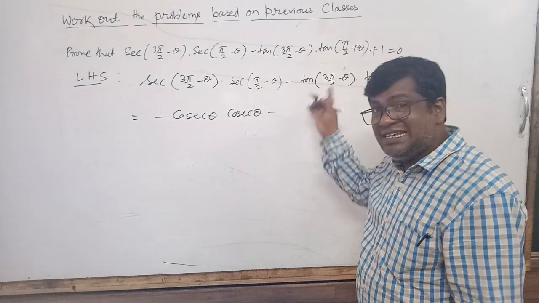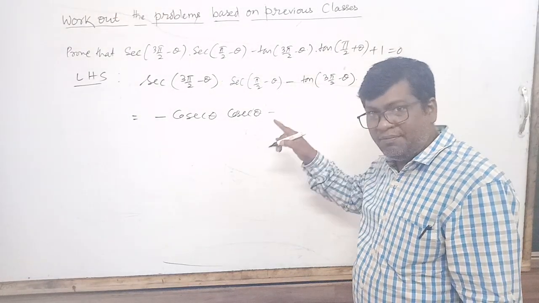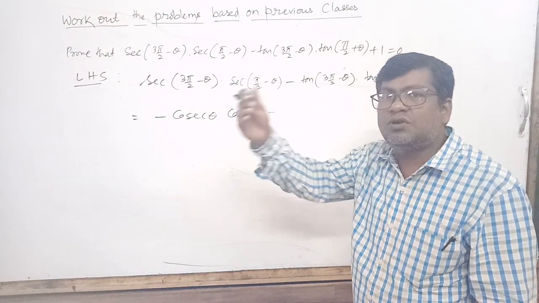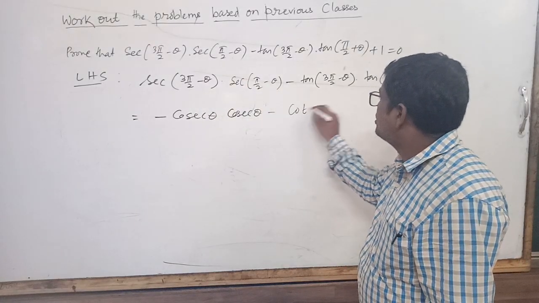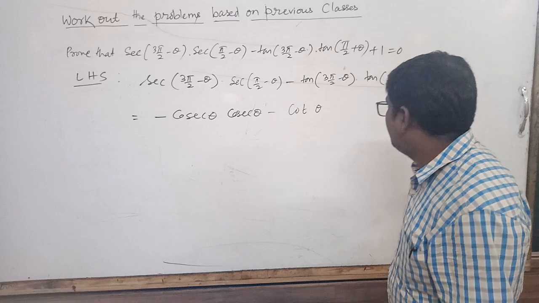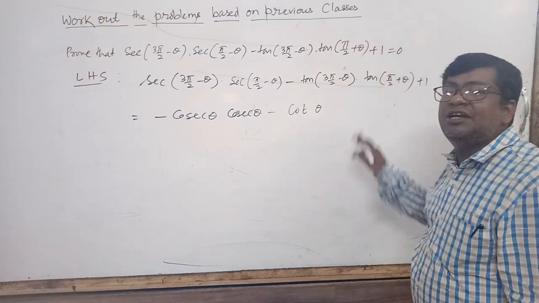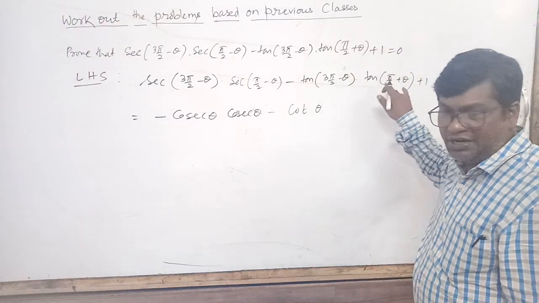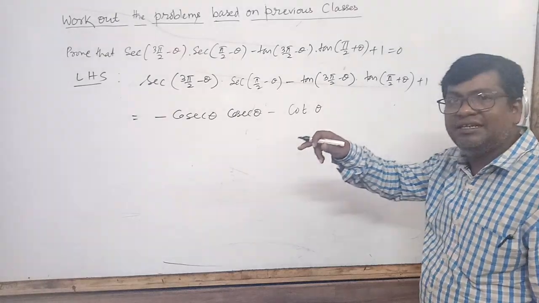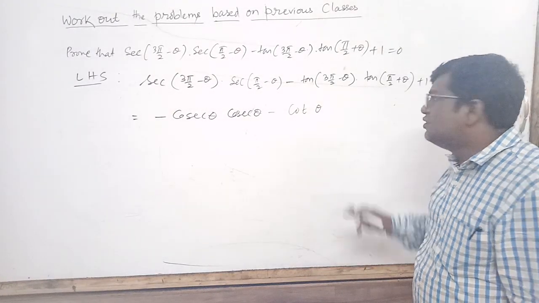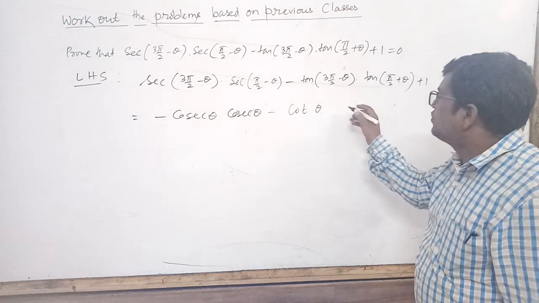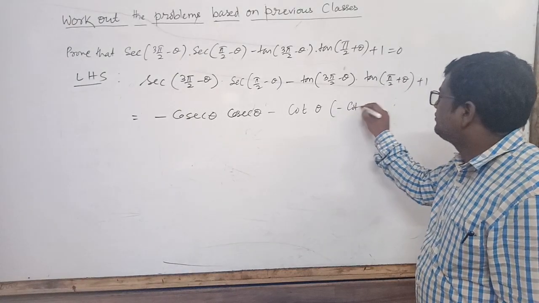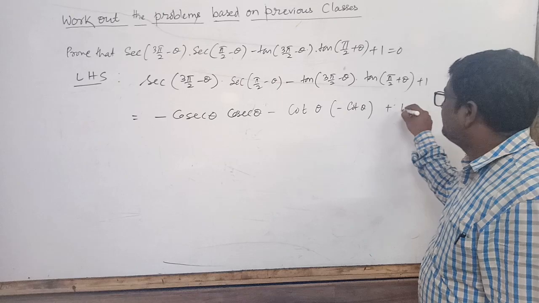Since it contains pi by 2 form, tan changes to cot. This is cot theta. Again tan pi by 2 plus theta, pi by 2 plus theta lies in second quadrant, so it is negative. So this is minus cot theta plus 1.